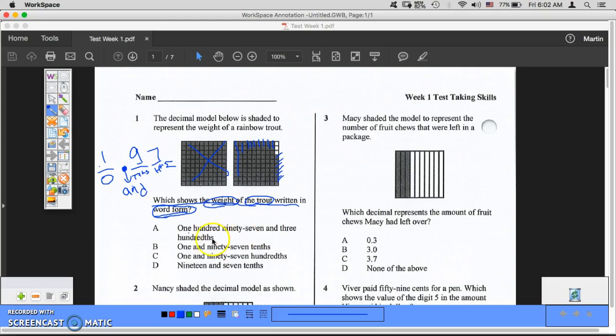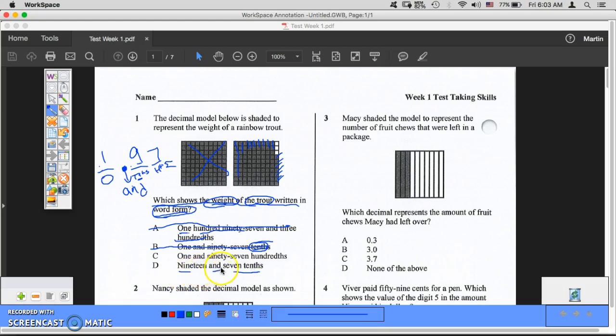197 and, well, no, because there's no 197. So letter A is my silly answer. Another silly answer is letter B. 1 and 97 tenths. No, it ain't 1 and 97 tenths. You end at the hundredths. So because of this, that's why letter B is wrong. Letter D. 19 and 7 tenths?